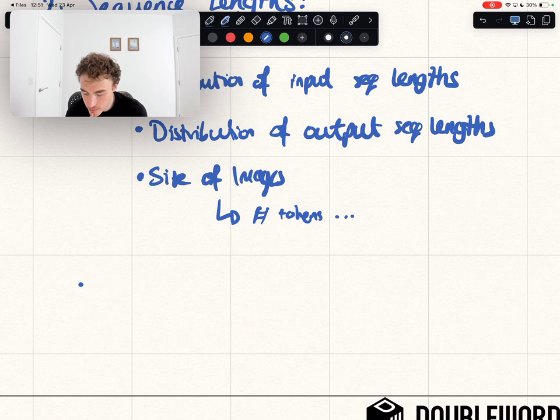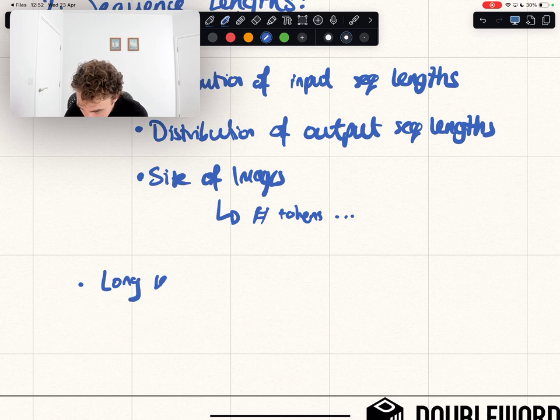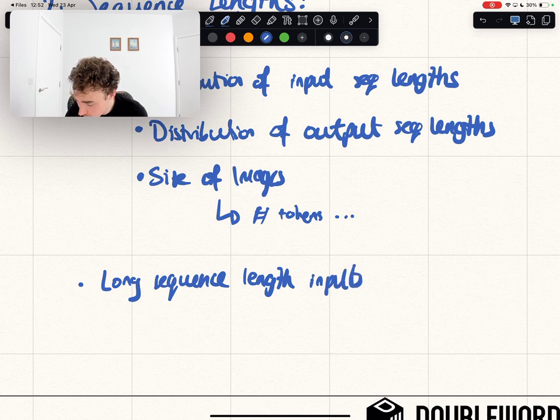There are various settings and configurations within inference engines that quite tightly control its performance. So if your users are passing in very long sequence length inputs, then this is likely to impact some of the decisions that you're going to make when you're actually setting up your cluster.